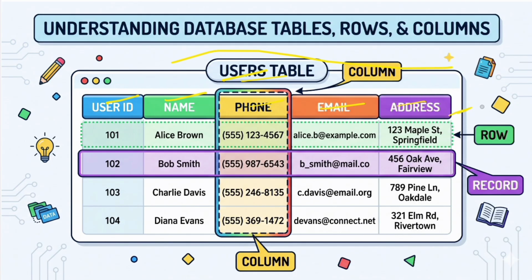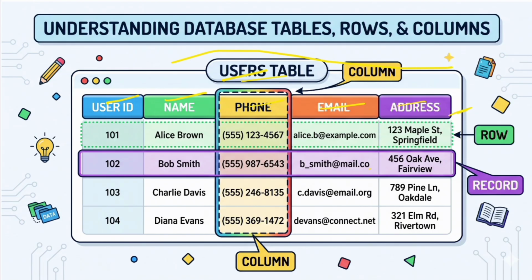The columns are user ID, name, phone, email and address. A column tells what type of information is stored. For example, the name column stores the names, user ID has the ID, phone has the phone number of that particular name attached to it, and then the email and the address.